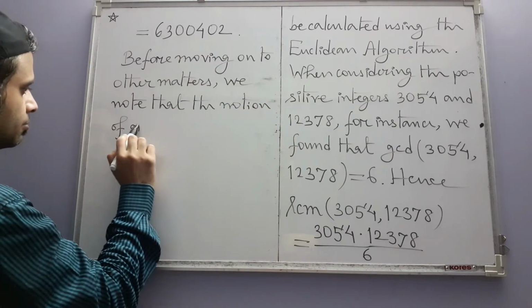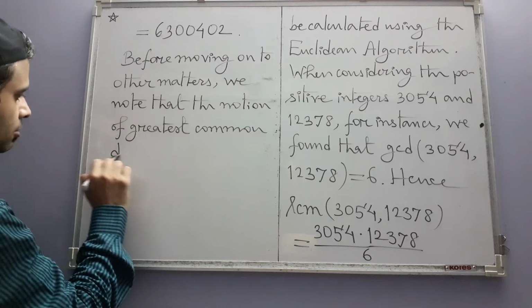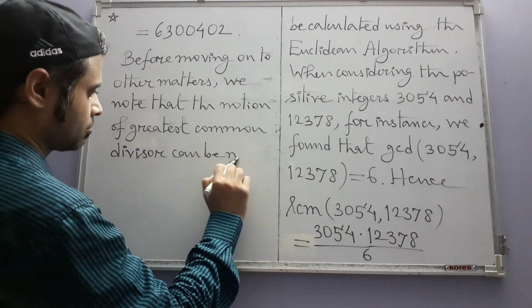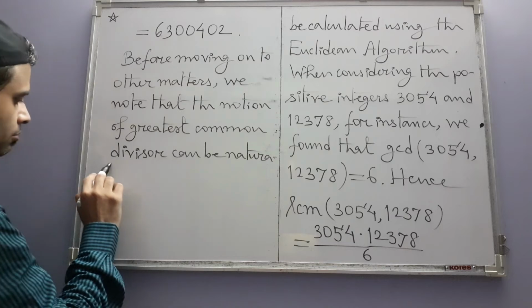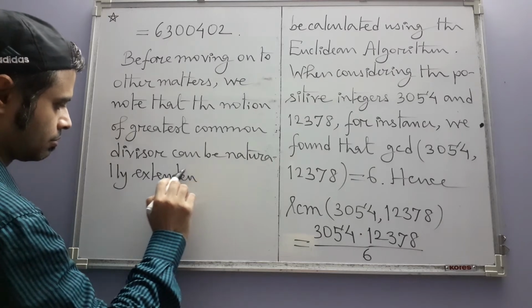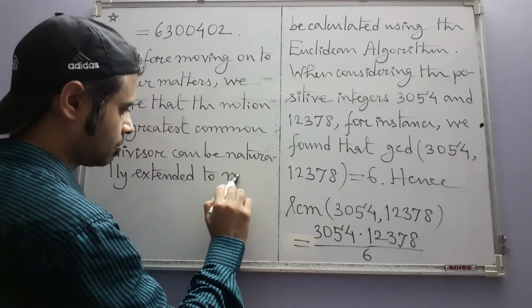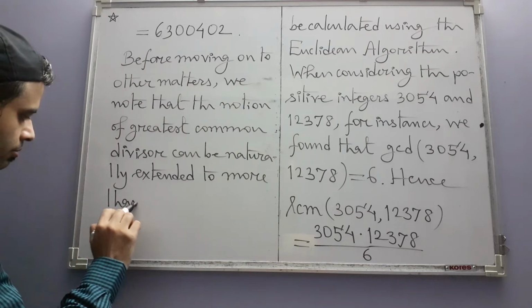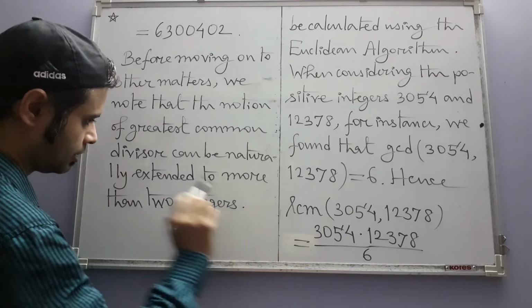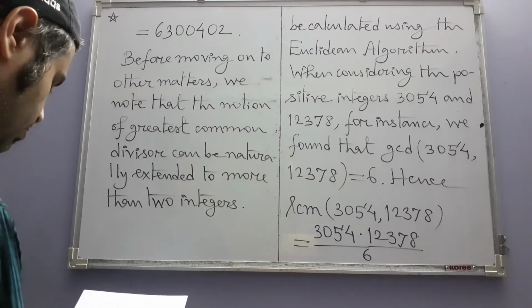The notion of greatest common divisor can be extended to more than two integers, and the case where we have three integers is of course this.